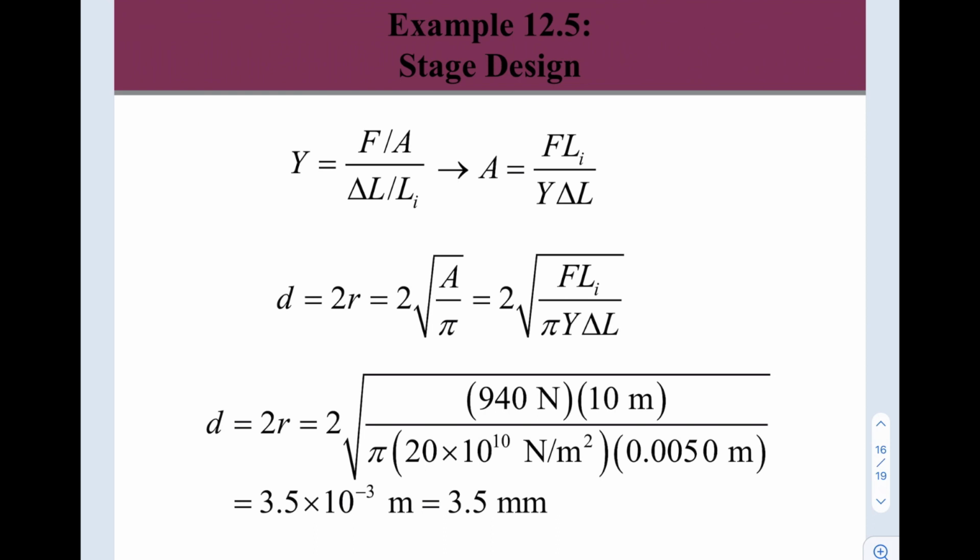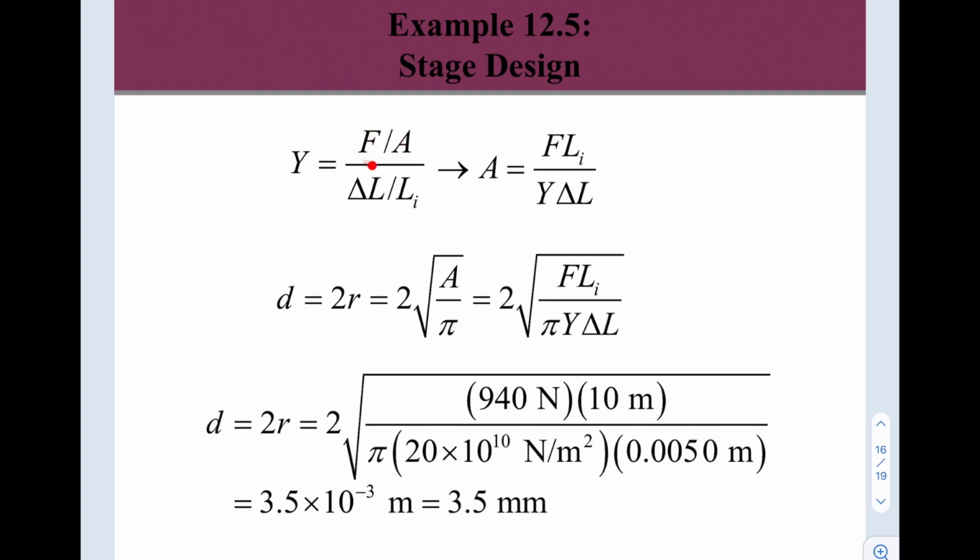Since this involves elongation of a steel cable, we are going to use Young modulus, which is equivalent to stress F over A over the strain, which is delta L over L initial. So our interest right now is the diameter.